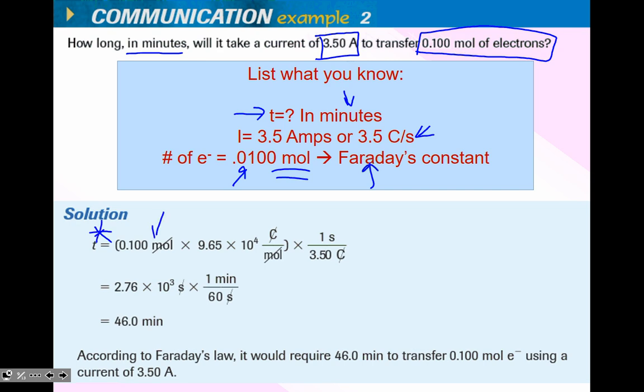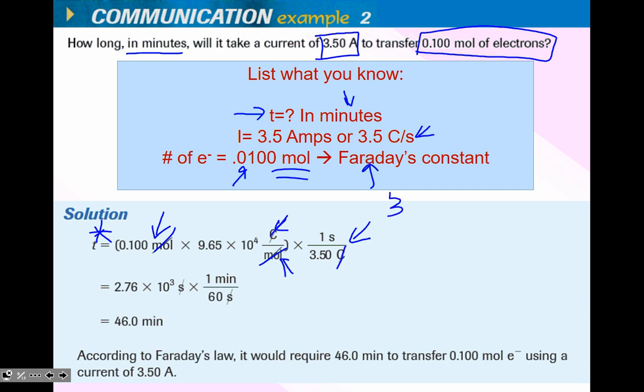Yay. I'm going to start with my one entity that has only one unit because that makes total sense. 0.100 moles. This time I'm going to multiply by 9.65 times 10 to the power 4 coulombs per mole because I want my moles to cancel out, right? Now I have my answer in coulombs, and now I'm going to use my understanding of amps and flip it around so that my coulombs cancel out.